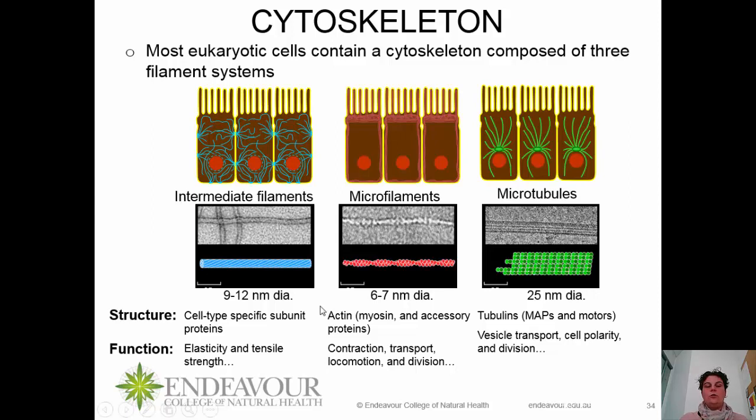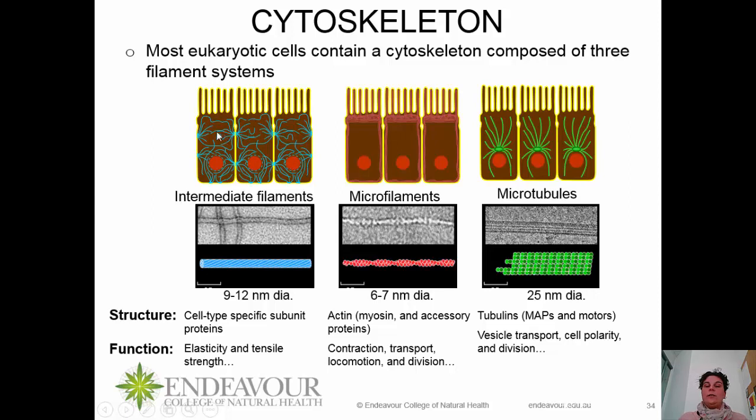So let's go through the intermediate filaments first. You can see three different cells, and these are those columnar cells that, for example, line your gut. Okay, and you can see that these cells themselves have this brush border, or these extensions of the cytoplasm on top of them. This here is the nucleus.